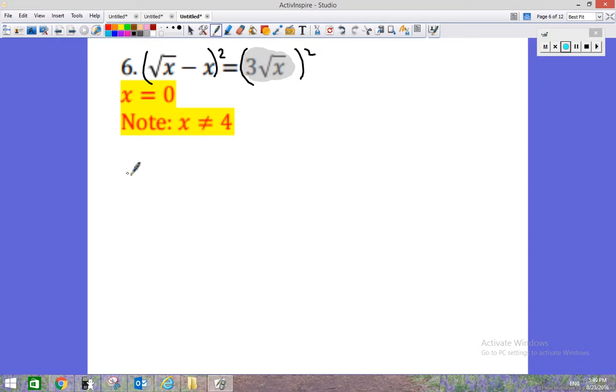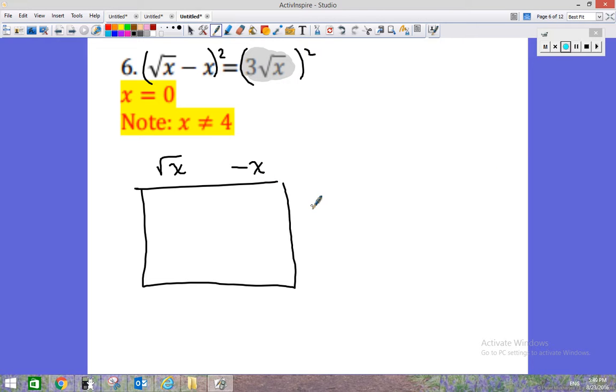On the left hand side, it might be smart for some students to do this in the body of a table. All right.